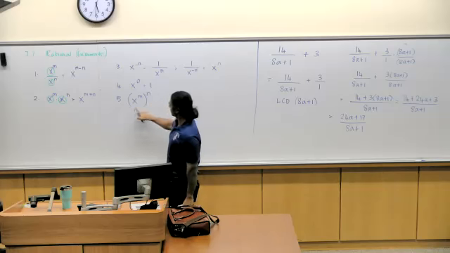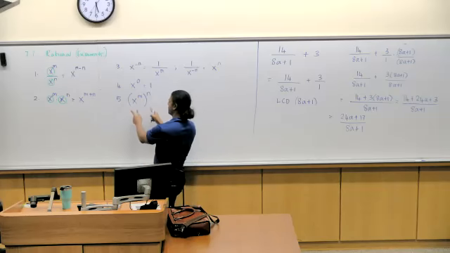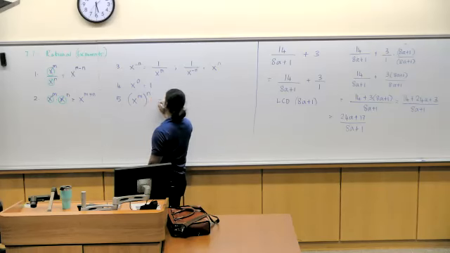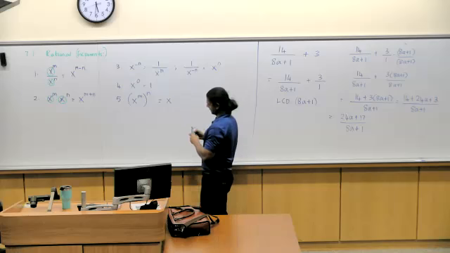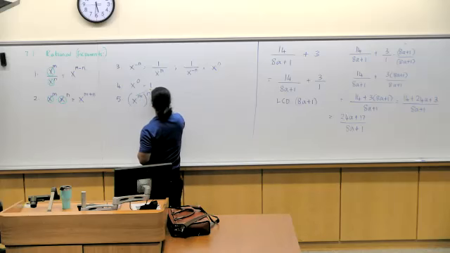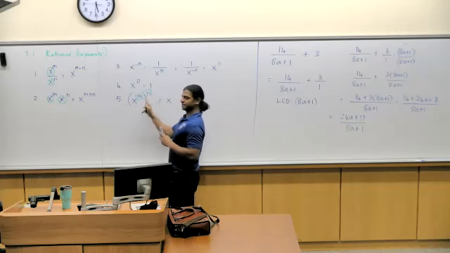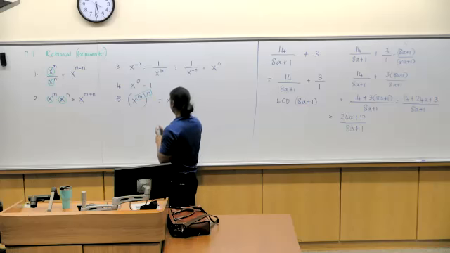If you have x raised m, raised to the power n, the base is just x. You just multiply those two exponents, m times n.